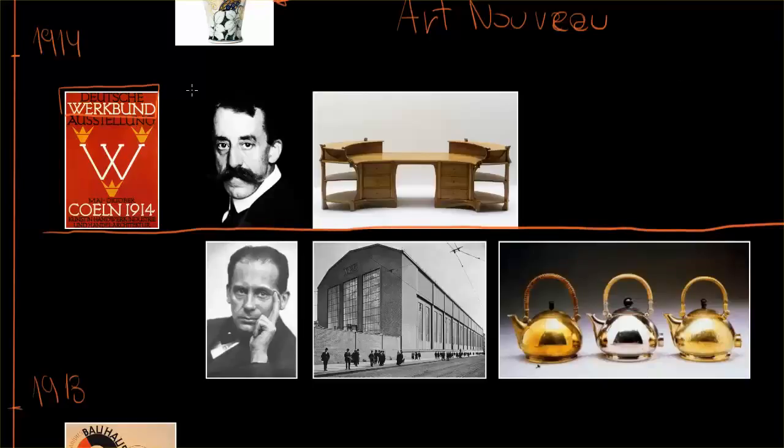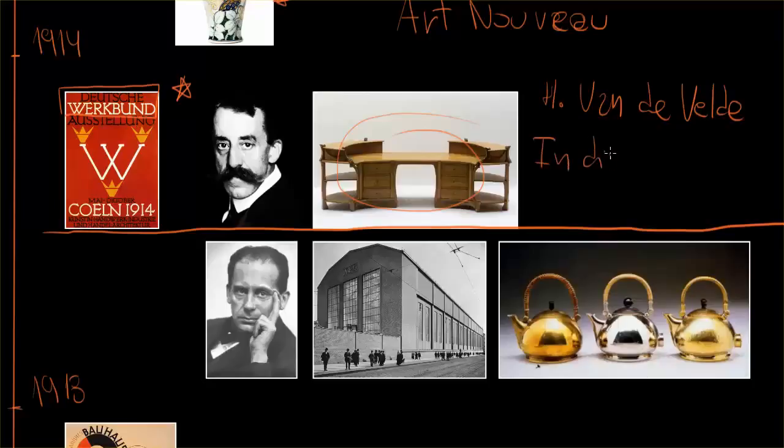The first one over here, one of the main proponents was this guy over here called Henry van de Velde, and he was a Belgian architect, and he was a proponent of Art Nouveau. But more importantly, he was for the individuality of the artist.